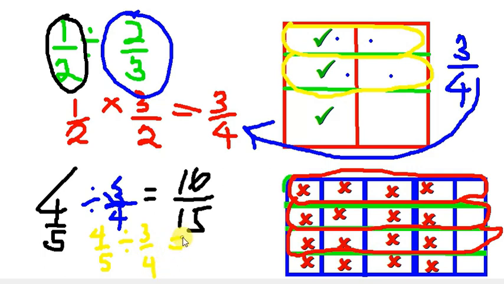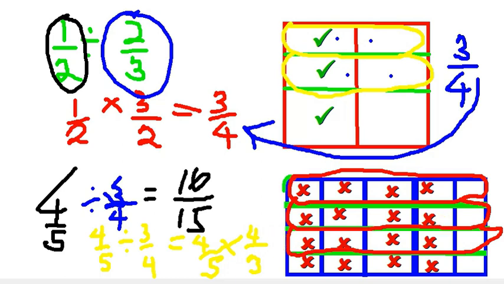Now note that you rewrite the full question again by maintaining the first fraction, which is 4 on 5, and then changing the operation sign to multiplication sign and flipping the second fraction, so that should be 4 on 3.